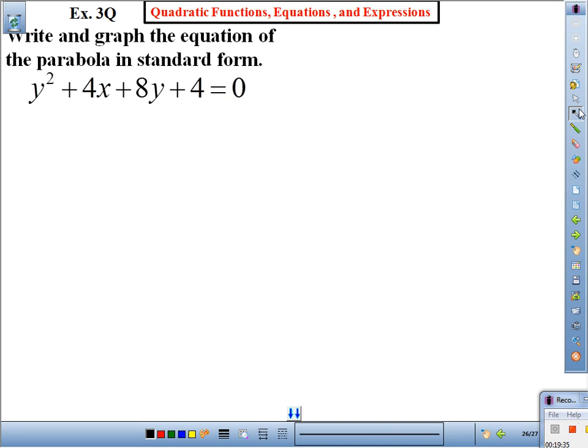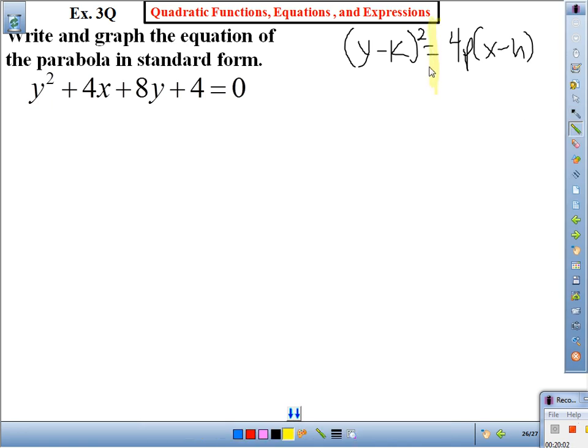Which variable has the square? The y. So that should prompt your noodle to write parentheses y, and what follows for our standard form? Minus k squared equals 4p times x minus h. What does that mean, Mr. Q? That it needs to look like this.